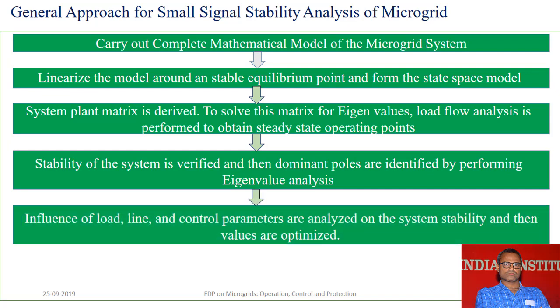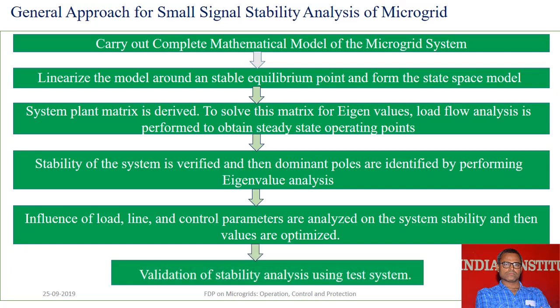The influence of the load line and control parameters on the system stability is analyzed and then the values are optimized. So these parameters are taken into account, those having an effect on stability, and then they are optimized.